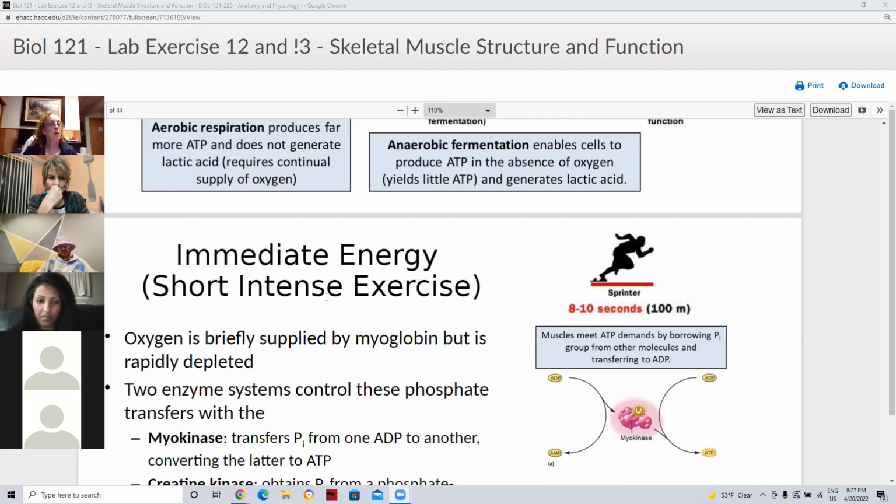And so we need two systems that will start generating ATP long enough to maintain us until the cardiovascular system and the respiratory system are able to provide enough oxygen to the muscles and allow us to start using aerobic respiration.